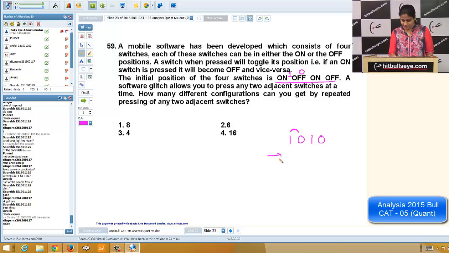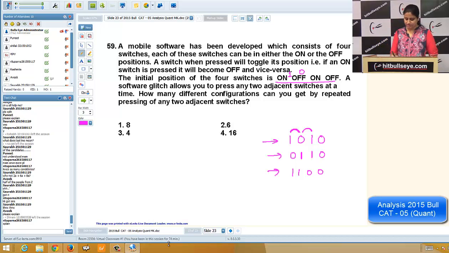First of all, let us make a change in these 2 adjacent switches. It comes out to be 0, 1, 1, 0 because they are toggling their position. If we make a change here, it will be 1, 1, 0, 0. Every time we are making 0, 1 and 1, 0. Can you say that the number of 1s and the number of 0s will always be even?